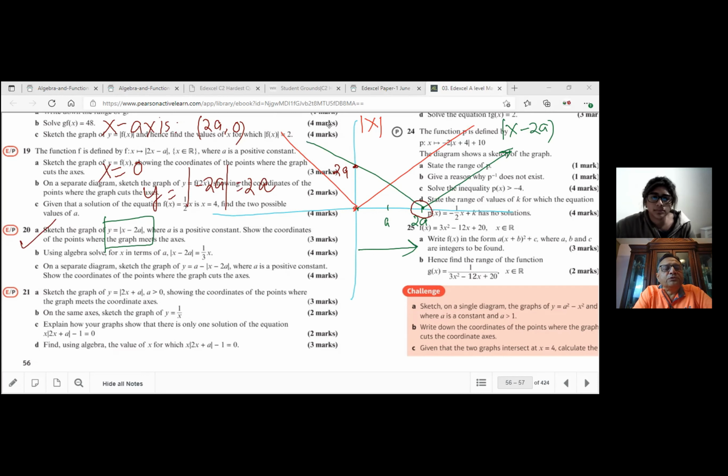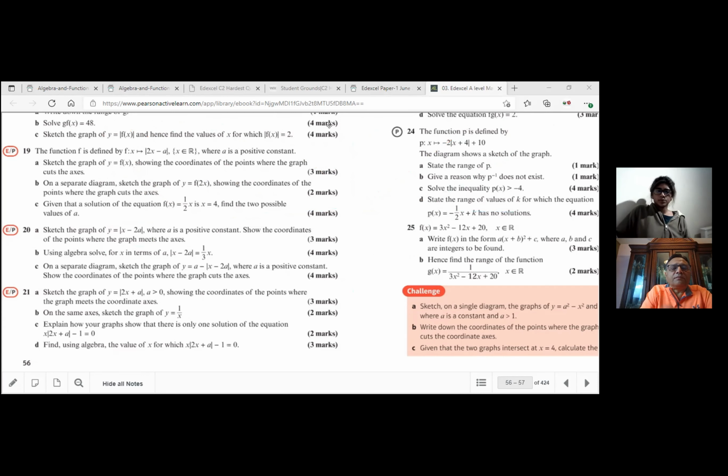So we have got the condition. Using algebra, solve for x in terms of a in this particular equation. Let's do this part now quickly. The equation is y equals a third x. Because it's not an absolute function, it can go into the negative section, just a linear. Absolute value equals 1/3 of x.